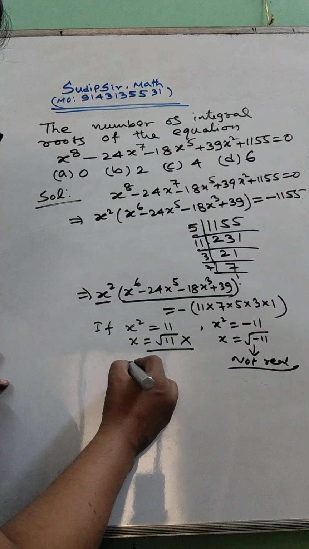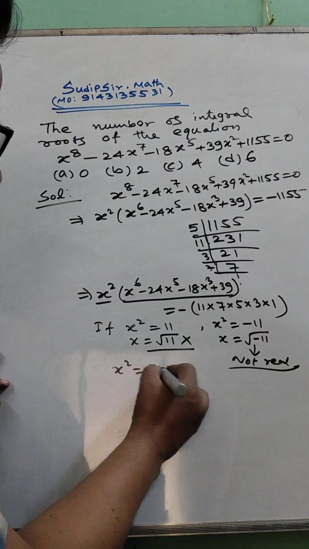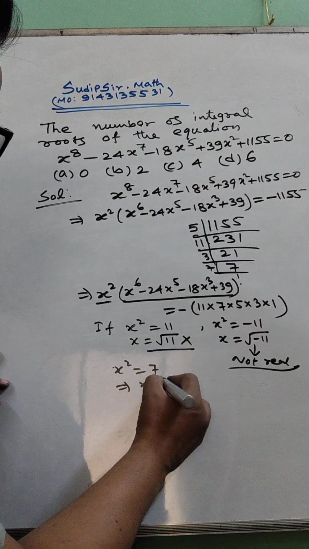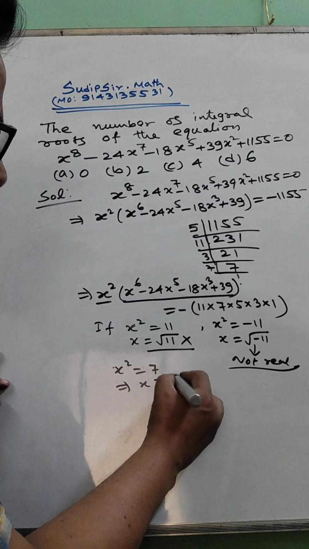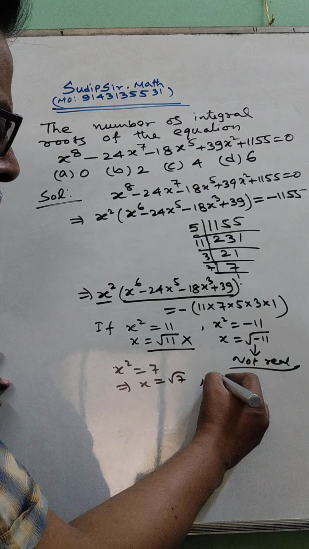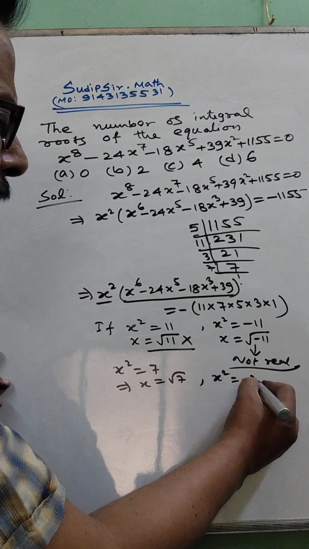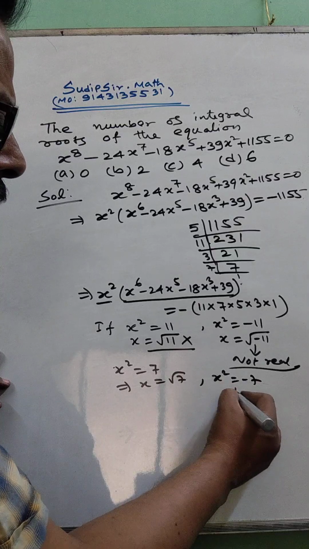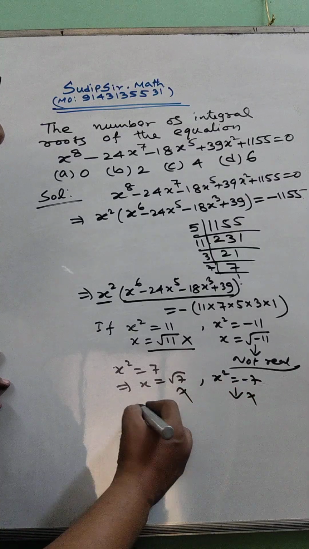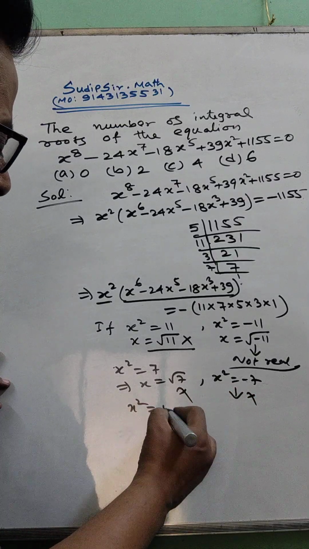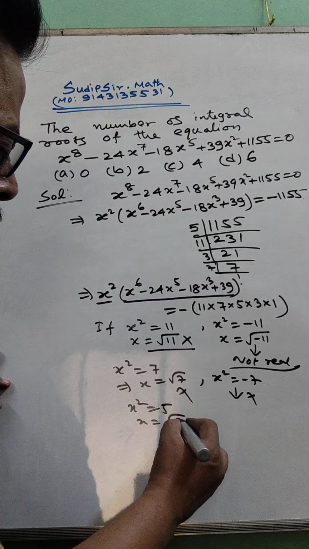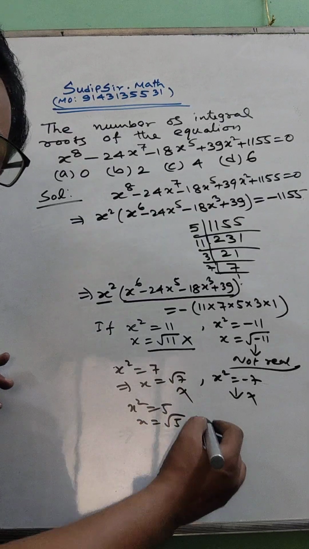Similarly, we check x square equal to 7, which implies x equal to root 7. It is not integral. x square equal to minus 7 is also not integral. x square equal to 5 gives x equal to root 5, not an integral solution.